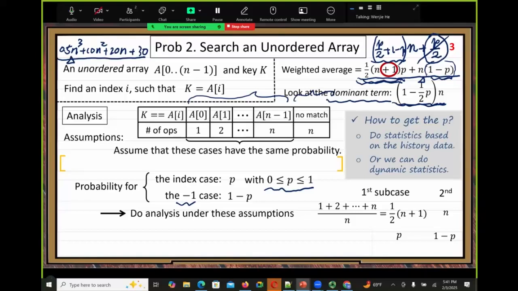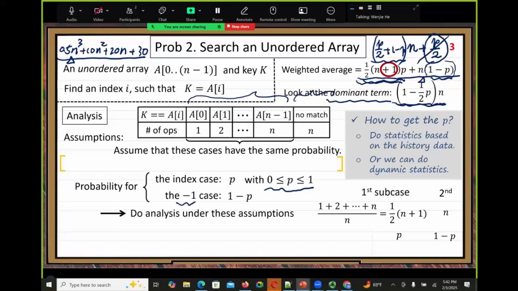When n is very large, the first term dominates all the other terms. Can you see that? How do you see that? Can you use the second term over the first term? Look at the ratio. When n is very large, is it a very small number? Second term over first term.